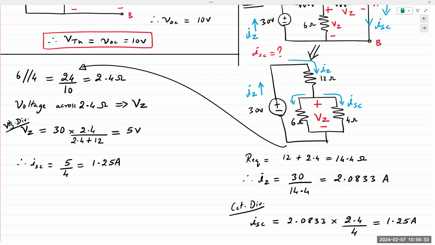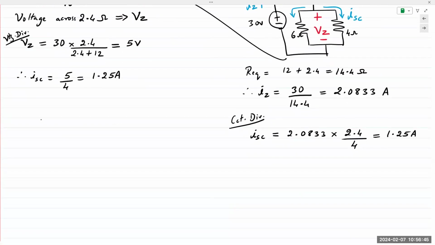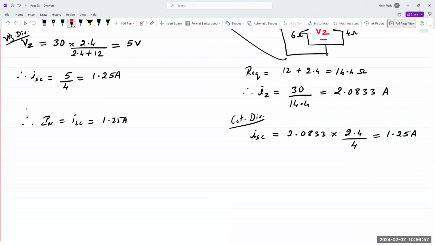And current division just allows you to skip one step. Make sense? So Norton current is 1.25 amps.